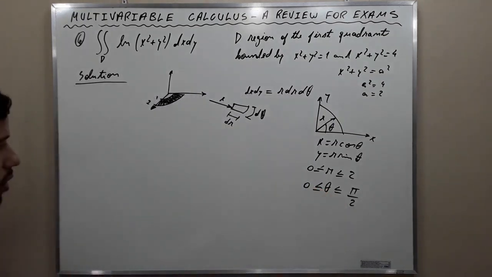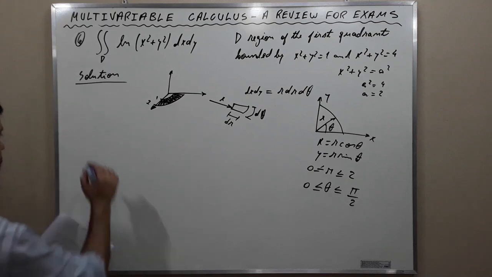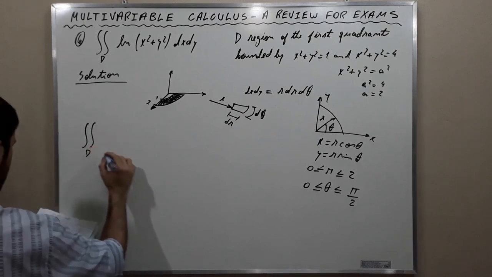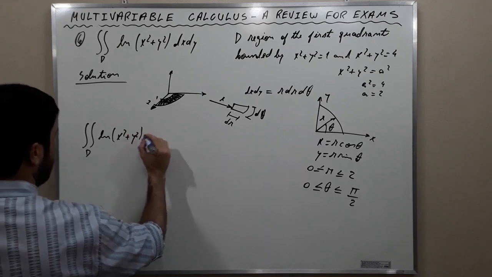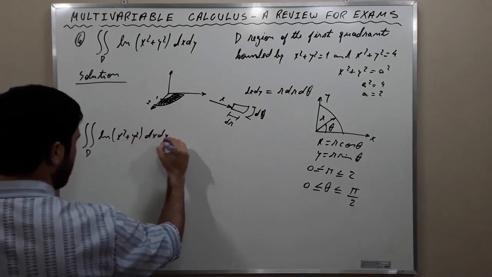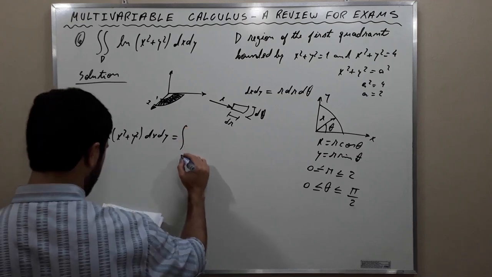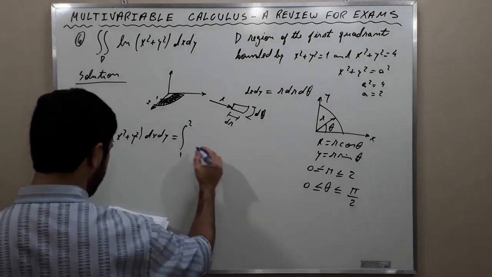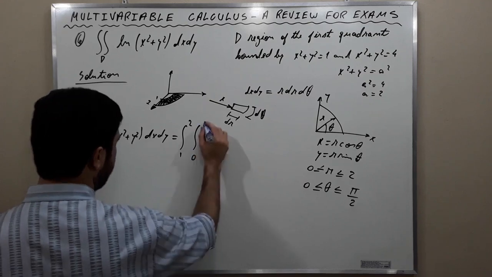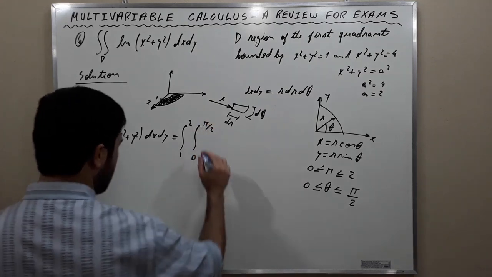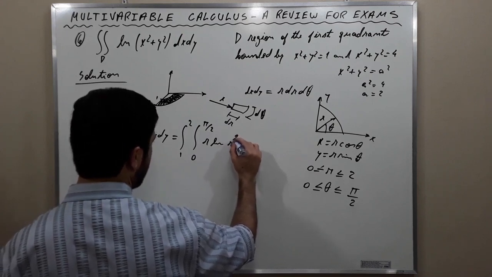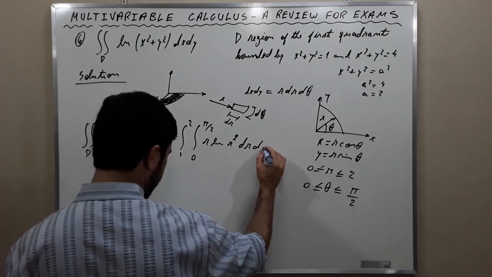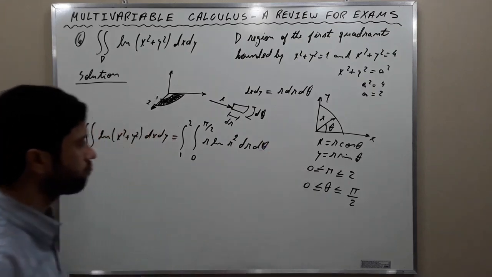Now we know the limits of integration. We can simply integrate now. And the integral in Cartesian coordinates, dx dy, becomes the integral in polar coordinates, r times the ln of r squared dr d theta.